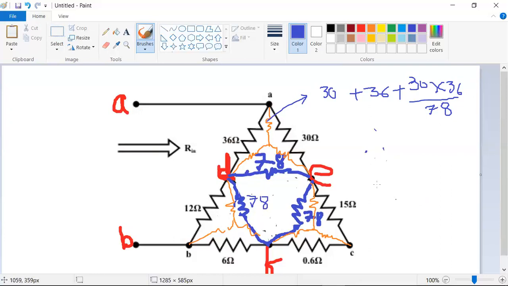Hence it will be 79.84. The value is 79.84.